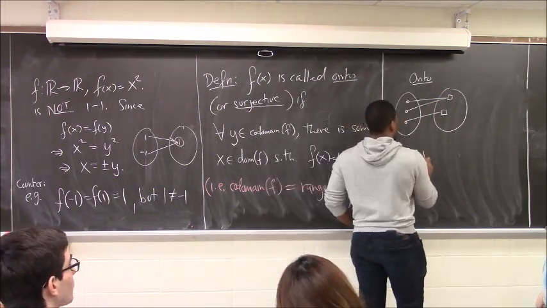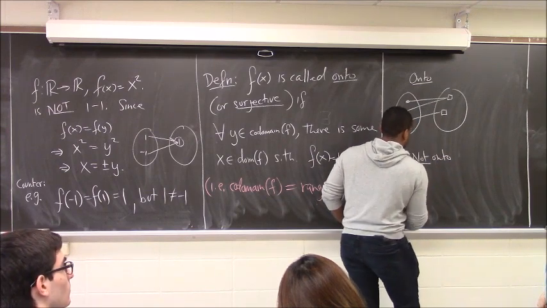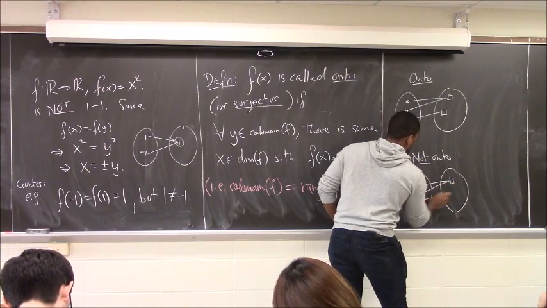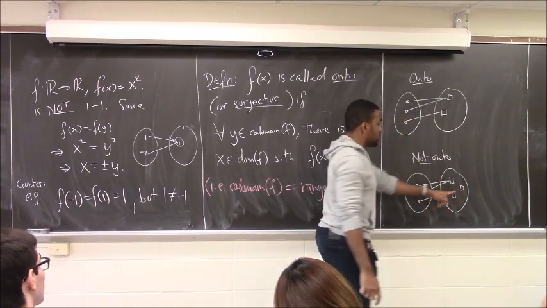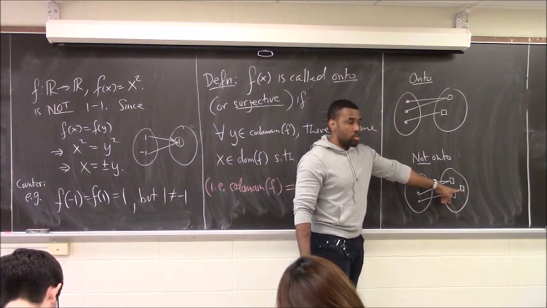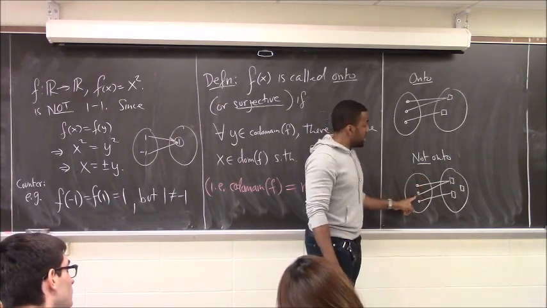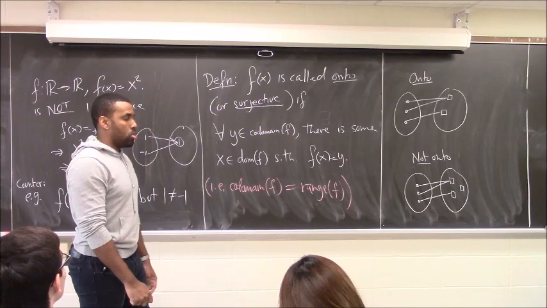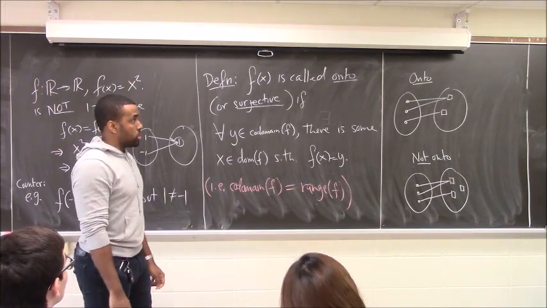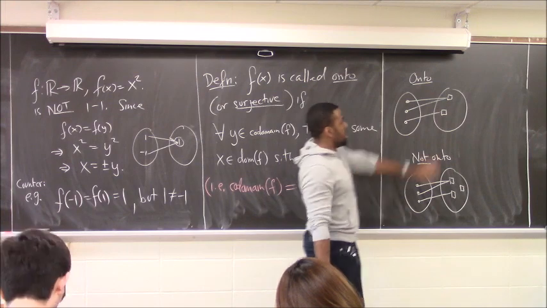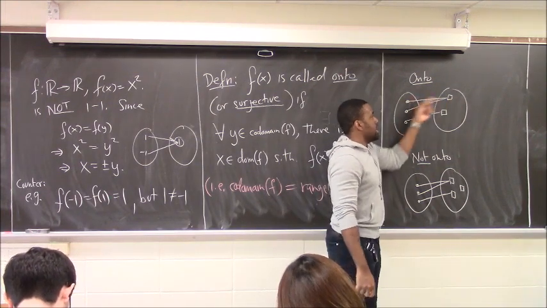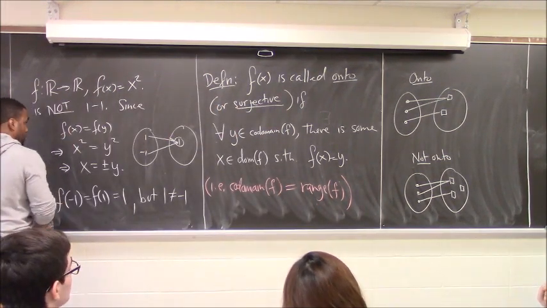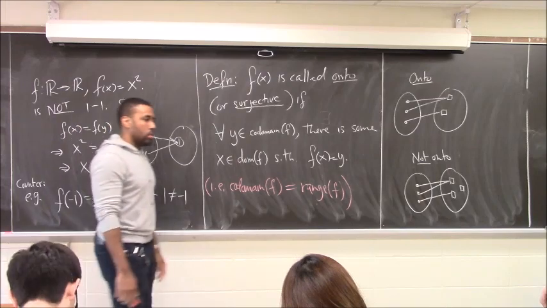You can say not onto means here is someone in the codomain that is not in the range. There is no x value over here that connects to that guy over there. So if someone is missing in the codomain, it is not an onto function. Onto means every single person here is assigned by the function, is given an assignment. So you don't miss anyone in the codomain.